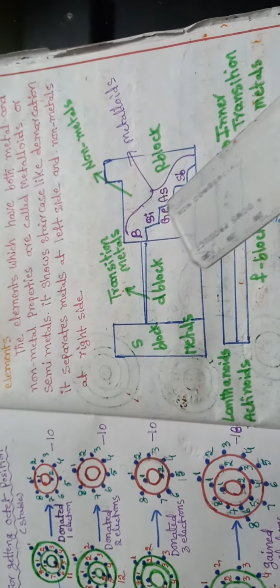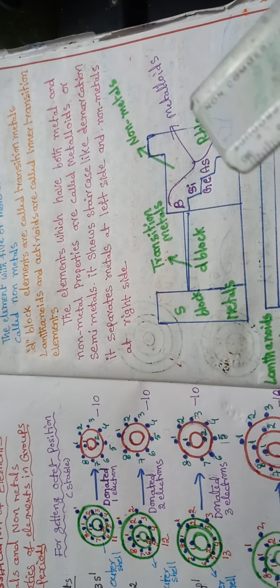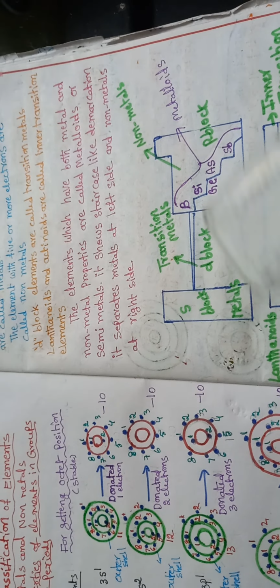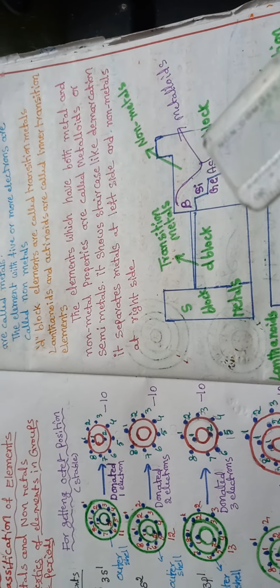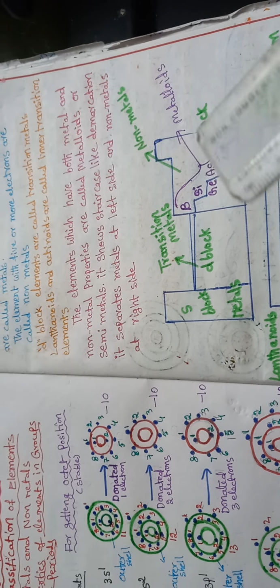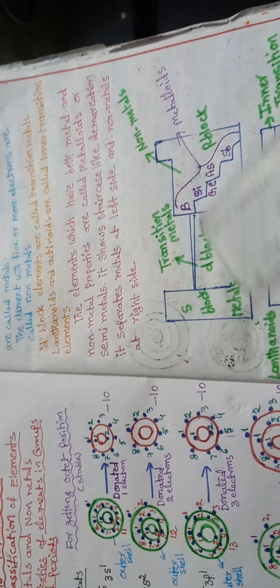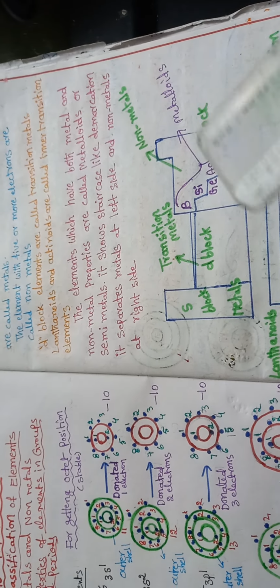Okay, so these metalloids separate the metals and non-metals, left side metals and right side non-metals. So between metals and non-metals, metalloids are there.